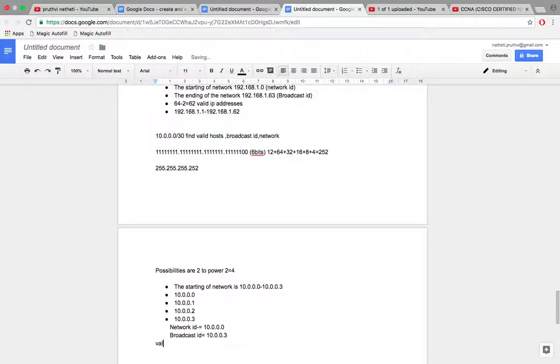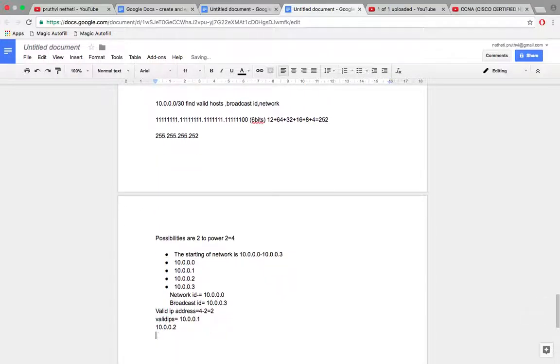Valid IP addresses are 4 minus 2, that is 4 minus broadcast ID minus network ID, which is 2. So the valid IPs are 10.0.0.1 and 10.0.0.2. So that's how we subnet.